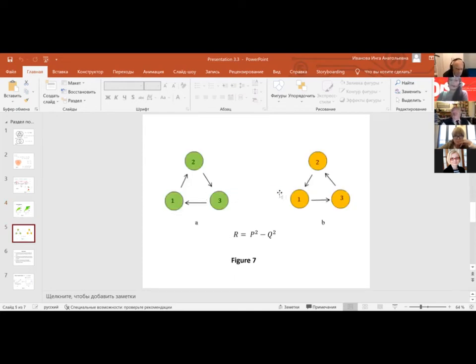We can see the changes of redundancy increase here in this picture. This picture represents the so-called triadic closure, and we can see different types of rotations, clockwise rotation and counterclockwise rotation.